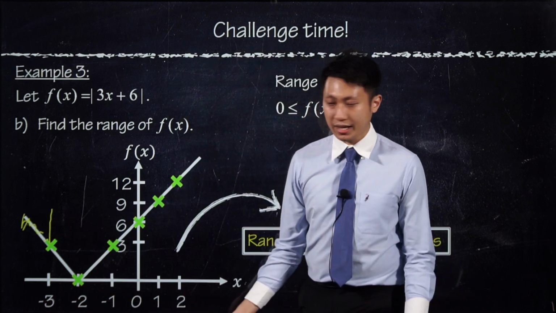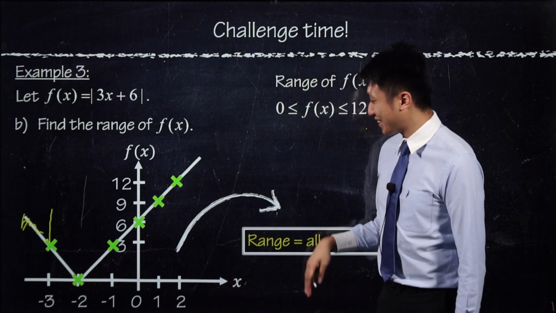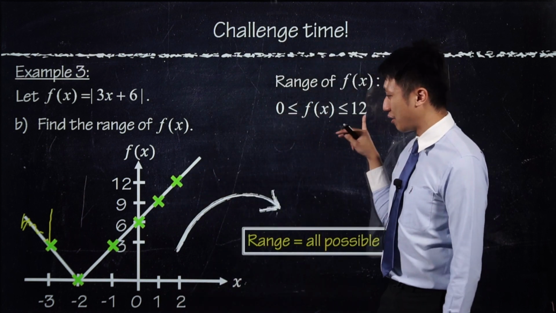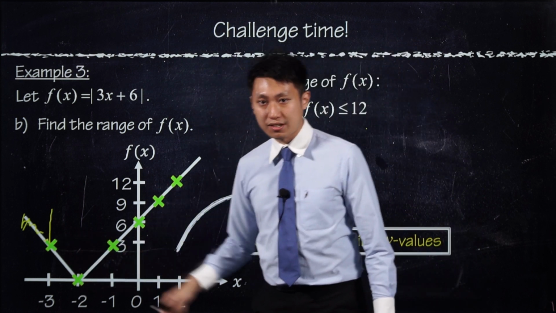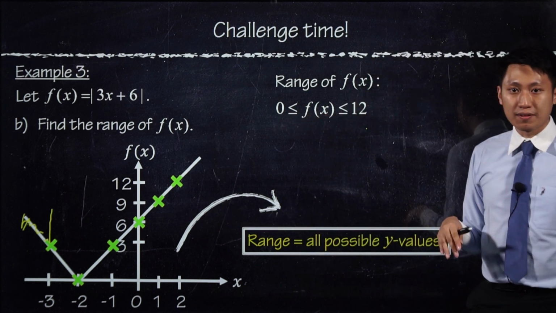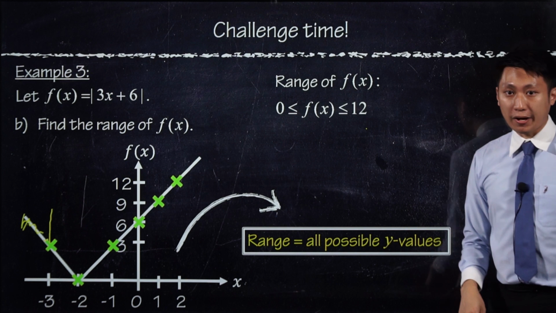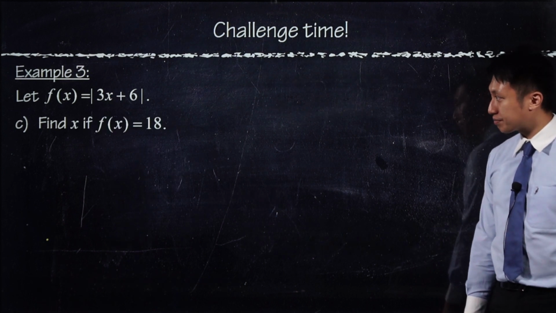You don't need to draw it also. It's a Nike shape, but not smooth. So that's why it's between 0 and 12, not between 3 and 12. The smallest value is 0, not 3. So it's from 0 to 12. Get it? Okay, right, so let's move on.